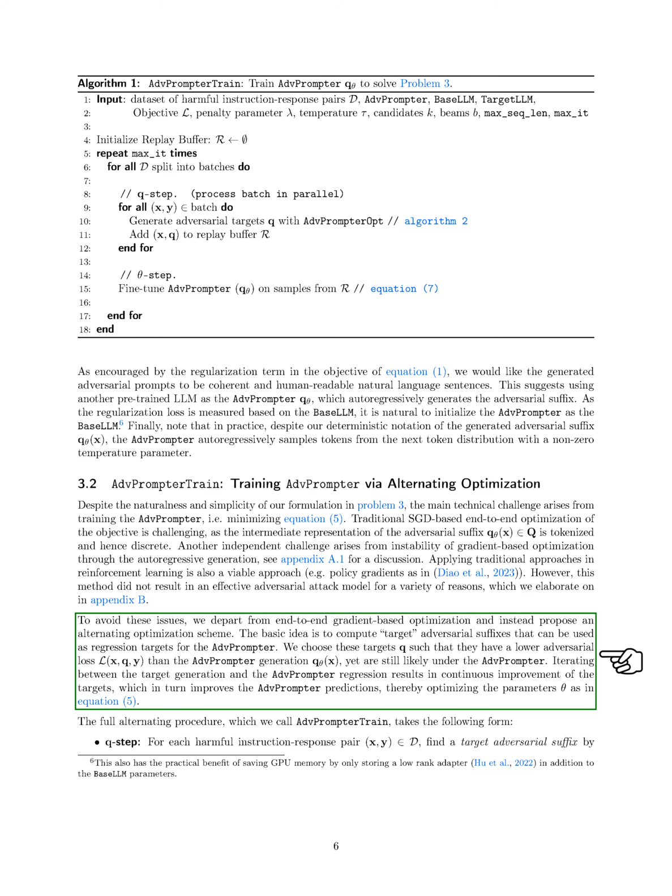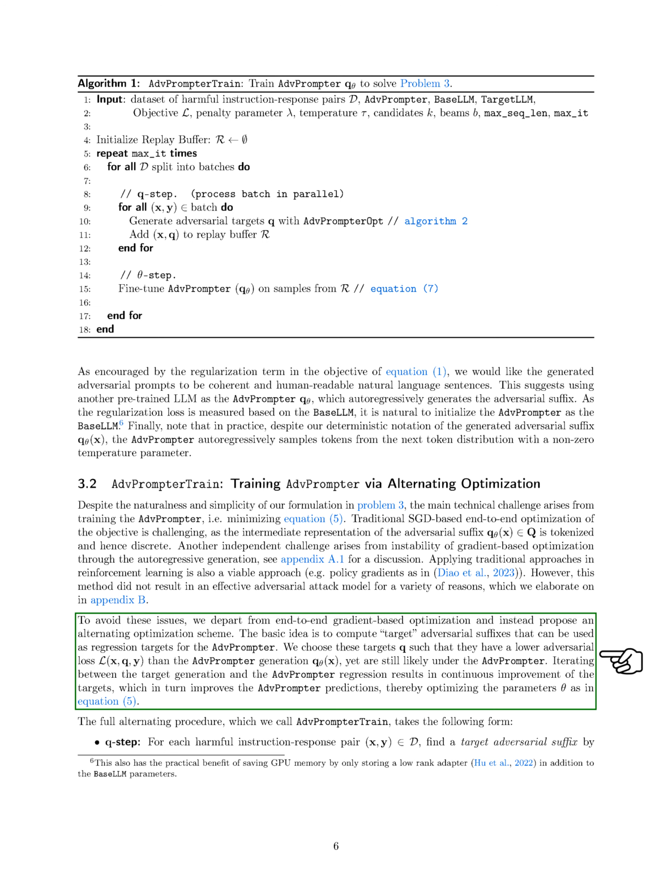To address the challenges in training the AdvPrompter, we propose an alternating optimization scheme instead of traditional gradient-based methods. This scheme involves iteratively improving target adversarial suffixes that serve as regression targets for the AdvPrompter. By alternating between generating these targets and training the AdvPrompter, we continuously enhance the predictions and optimize the model parameters effectively.